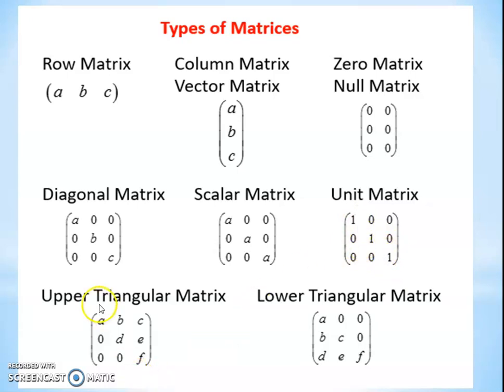Remaining are 0. In the upper triangular matrix, A, B, C, D, E, F, that is A11, A12, A13, A22, A23 and A33 are non-zero numbers, and the remaining are 0.